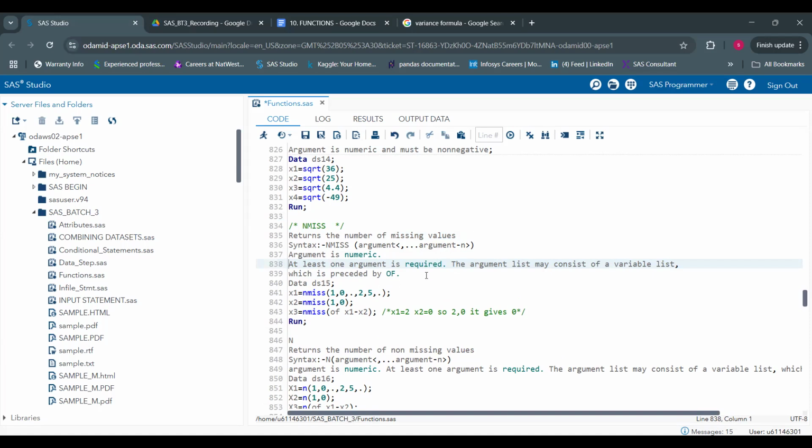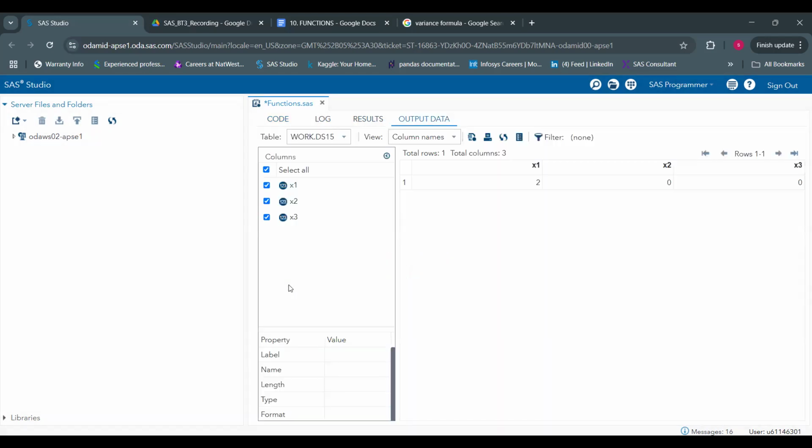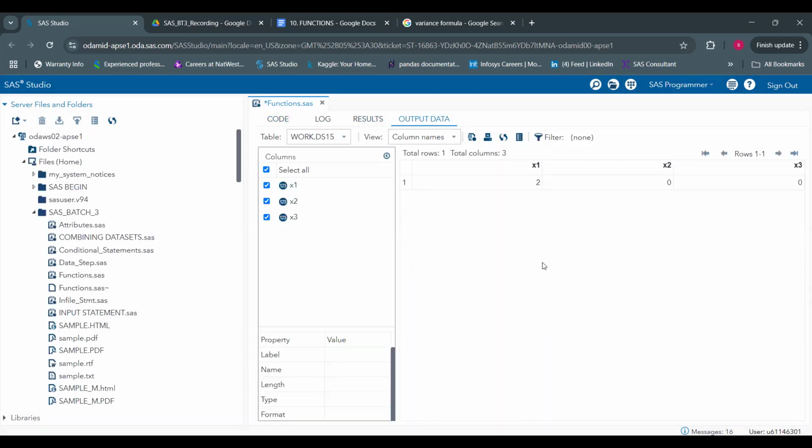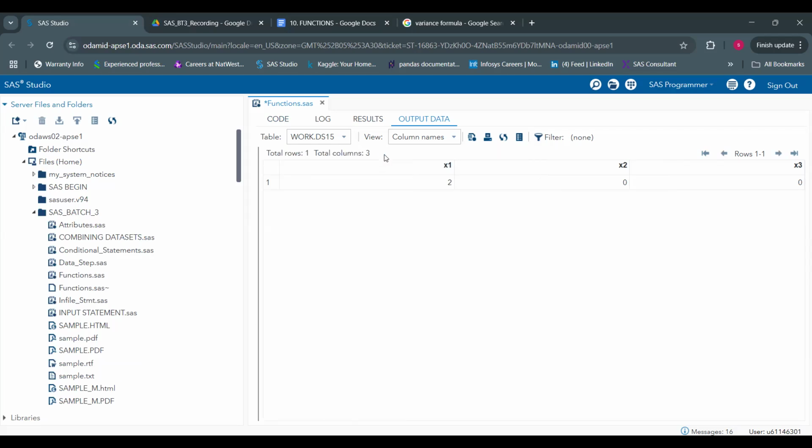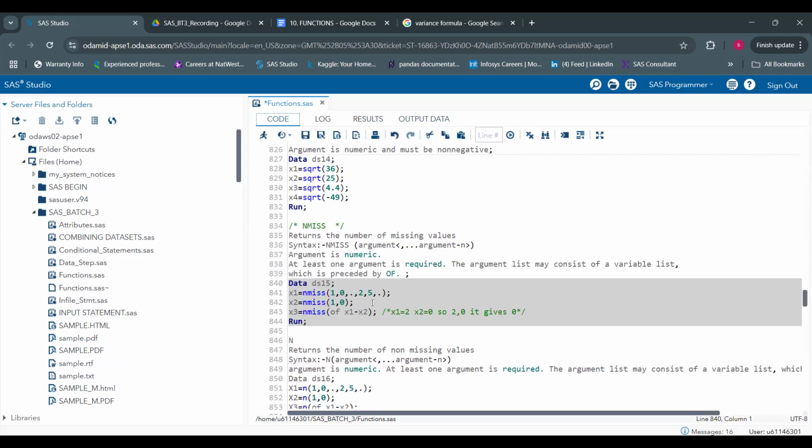Okay, so this is different. Normally this returns the number of missing values. Let me just run this. In these we have a total of two missing values.